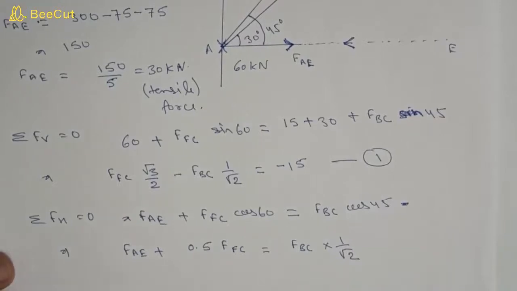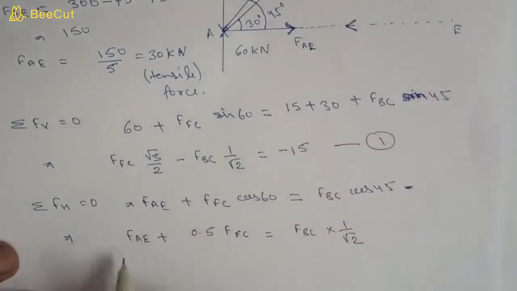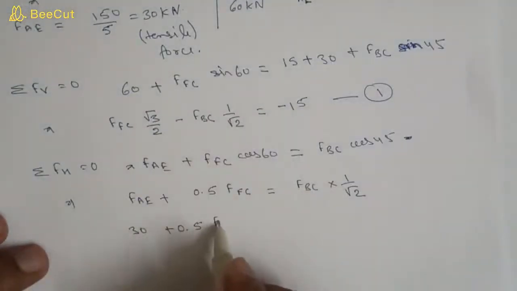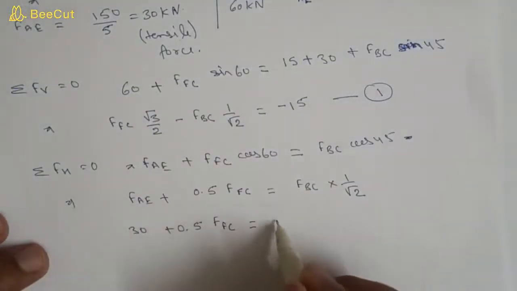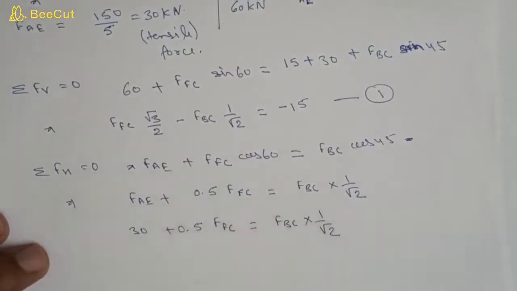We have found FAE is equal to 30 kilonewton, so we can put the value of FAE. So 30 plus 0.5 FFC is equal to FBC into 1 by root 2.